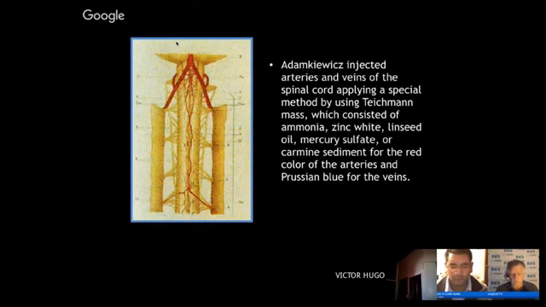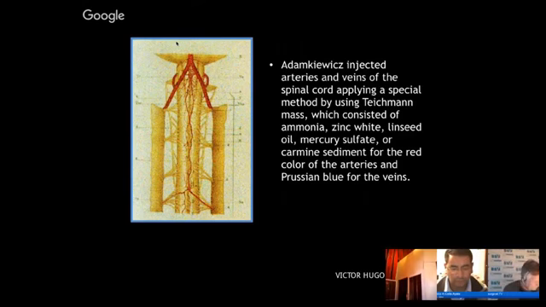He injected arteries and veins of the spinal cord, applying a special method using Teichmann mass, which consisted of ammonia, zinc white, linseed oil, mercury sulfate, or carmine sediment for the red color of the arteries, and Prussian blue for the veins. It was about 150 years ago. So he discovered the great radicular spinal artery, known as Adamkiewicz artery.